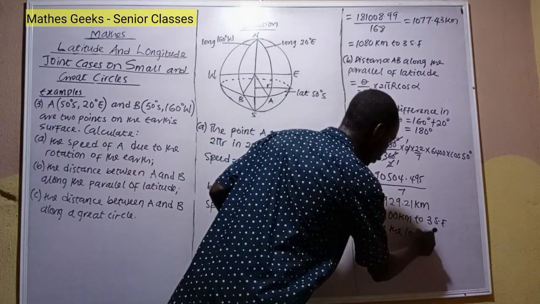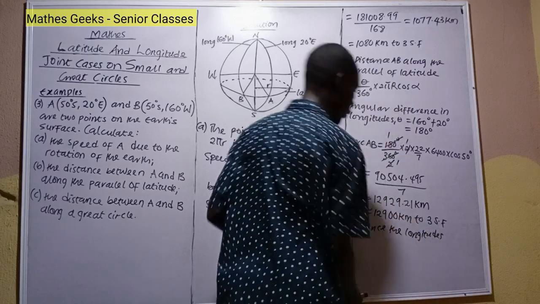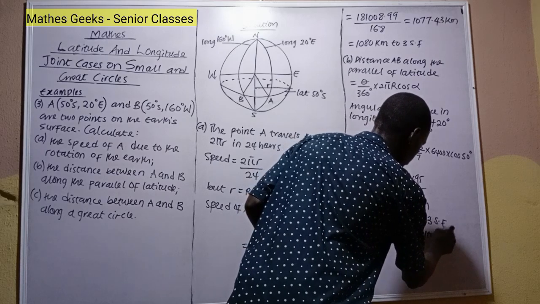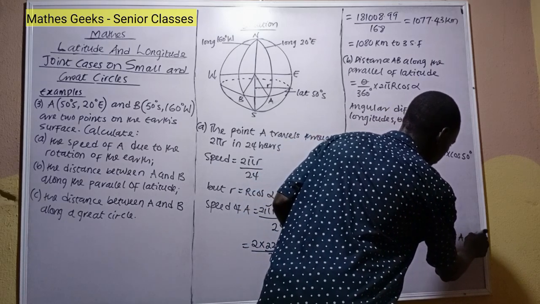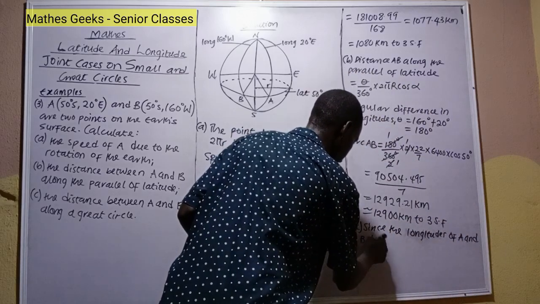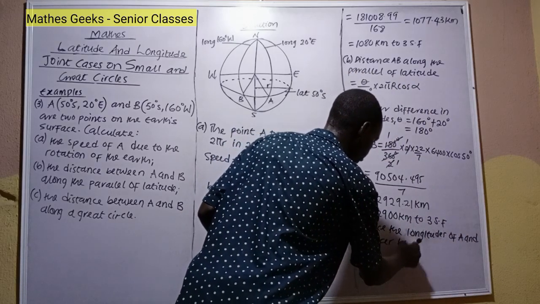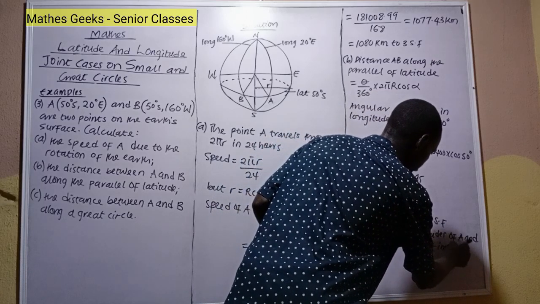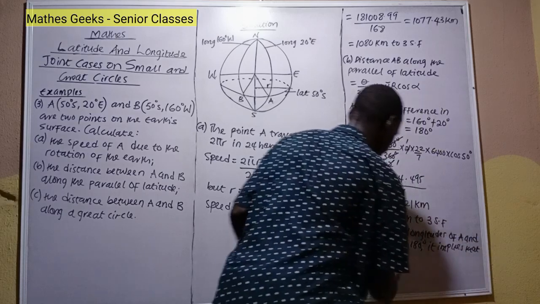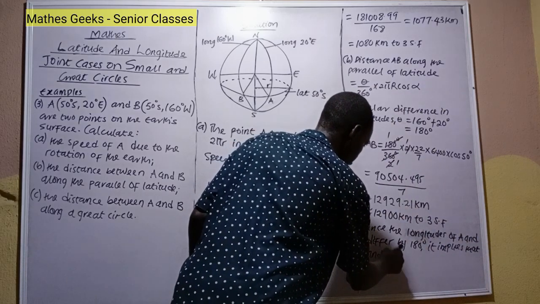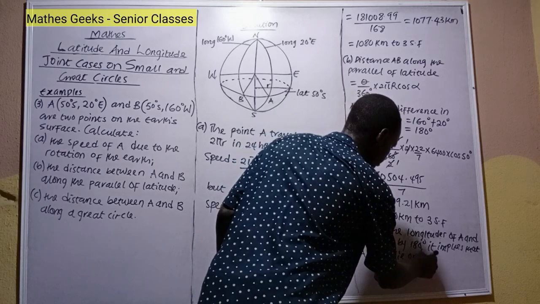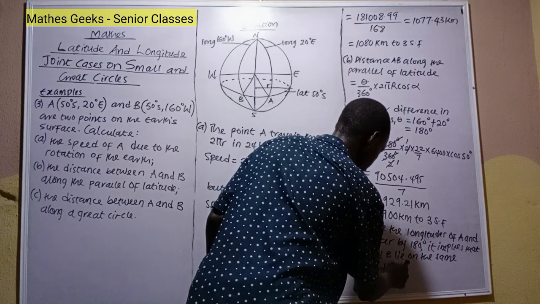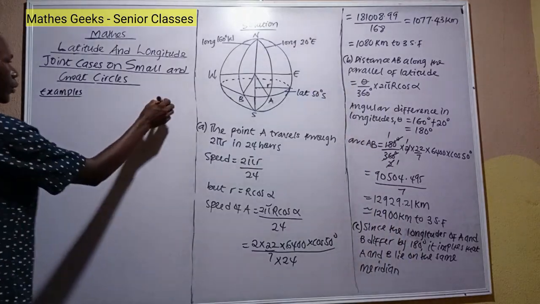So this tells us that since the longitudes of A and B differ by 180 degrees, it implies that A and B lie on the same meridian. This is what we're going to have.